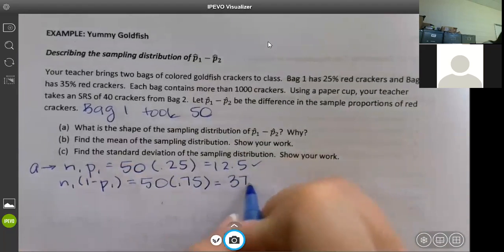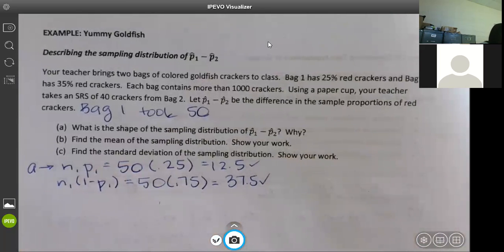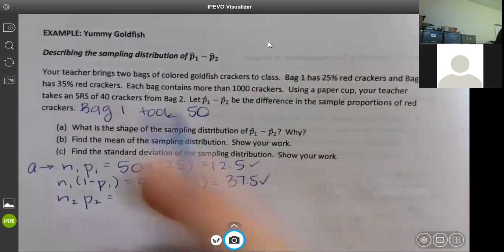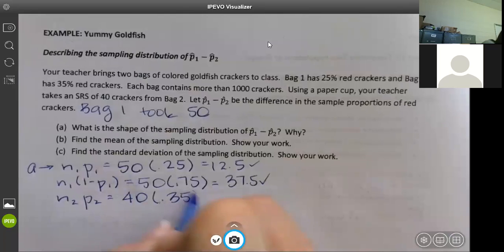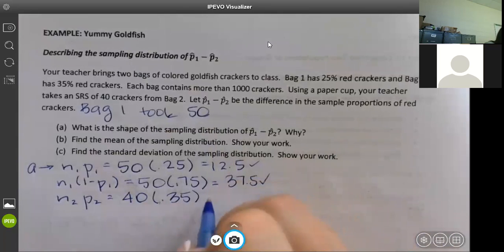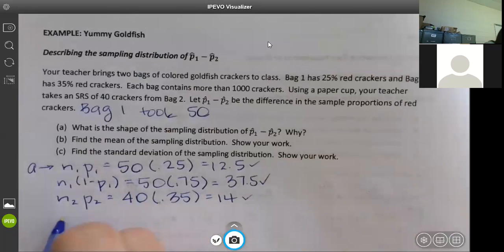This one is 37.5, so it's greater than 10. And then you have to check the other ones. So you got to do N2, P2. N2 was 40 from bag 2, and bag 2 had 35% red, which gives us 14, also larger than 10.